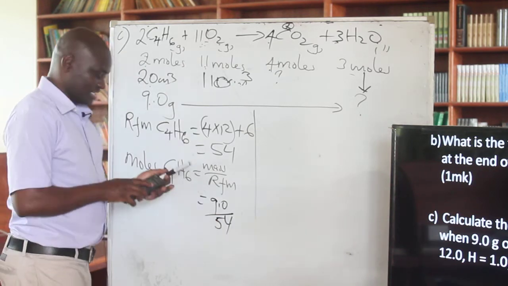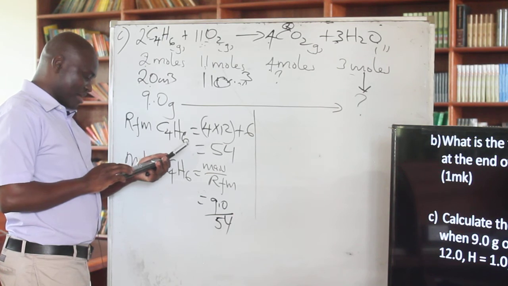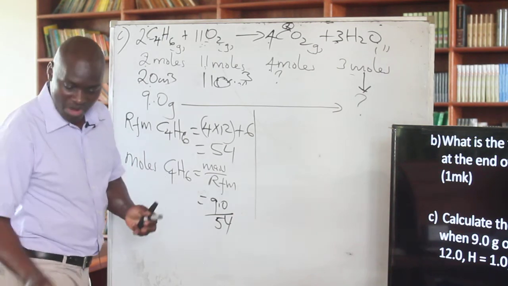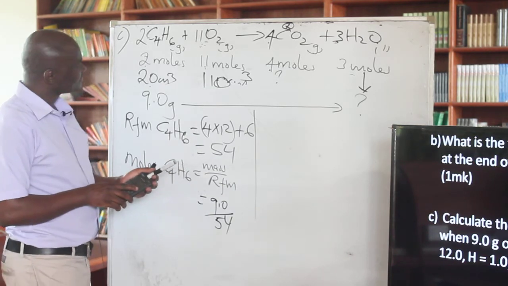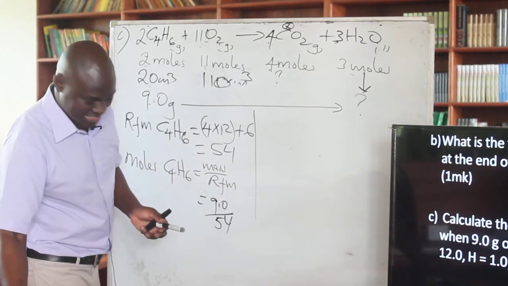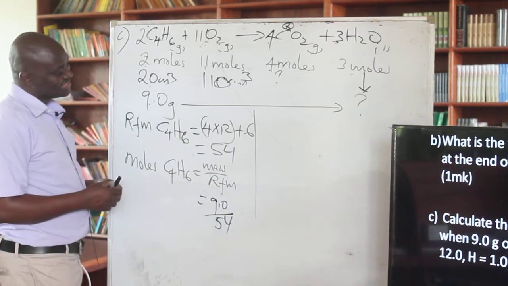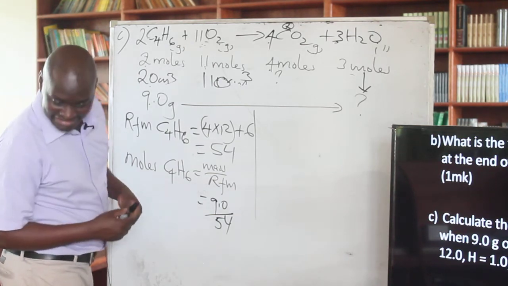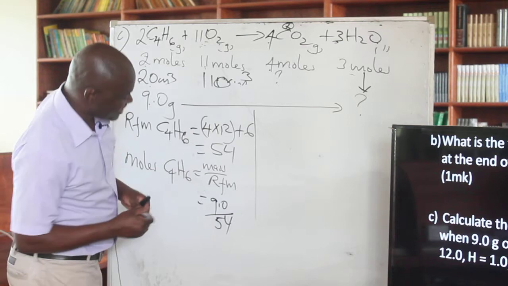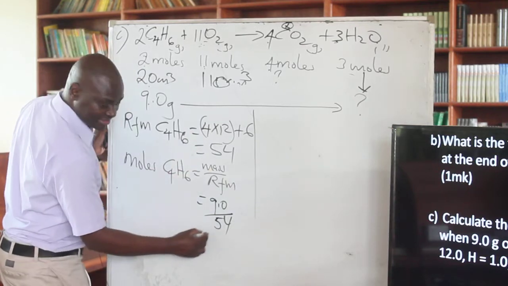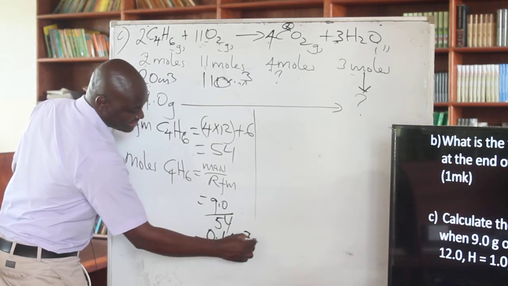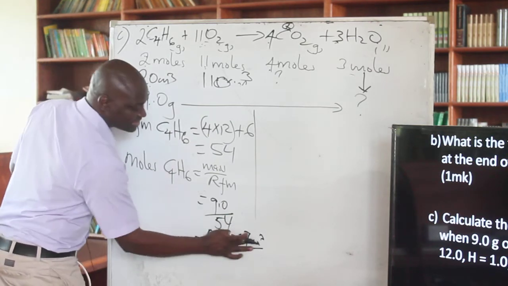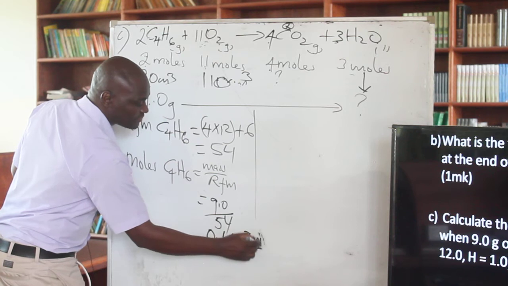So it will be 9 divided by 54, which is 0.1667. Not centimeters cubed, sorry, but these are moles.